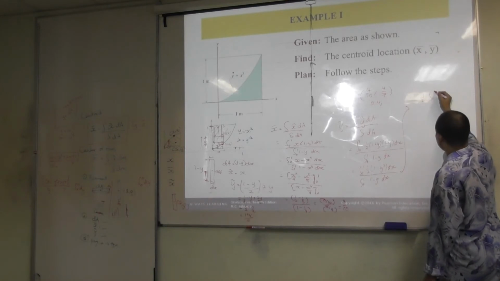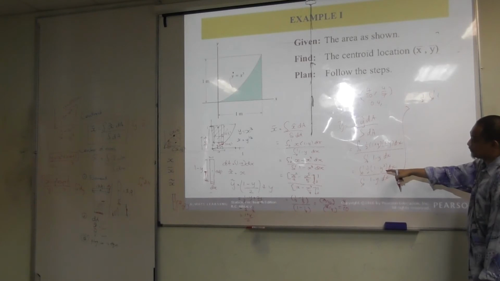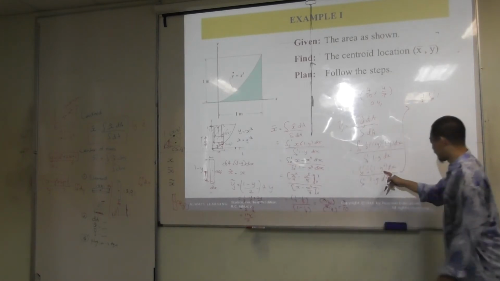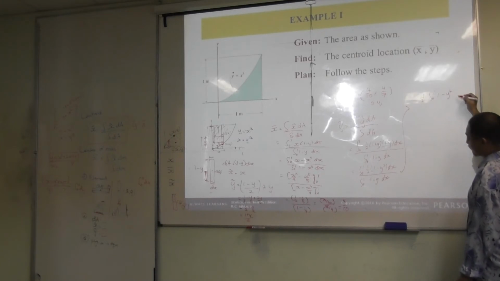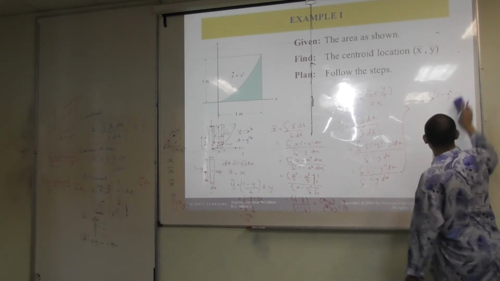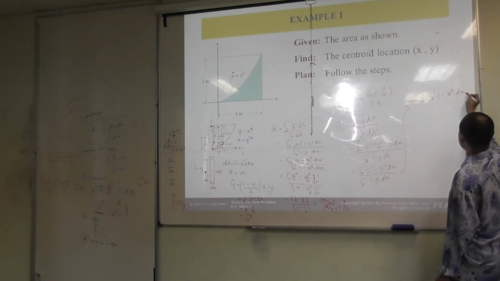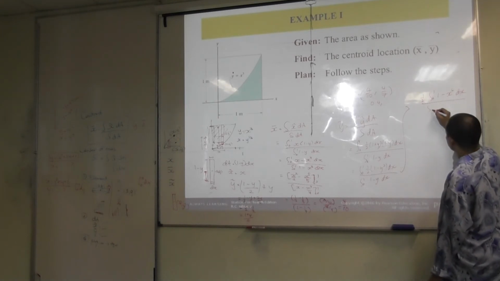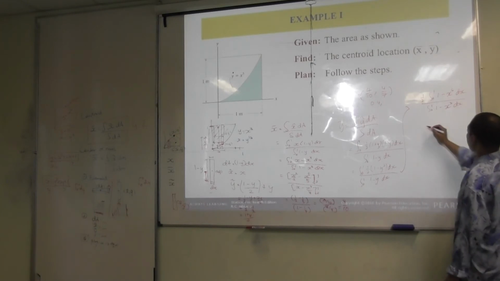So integration 1 minus y squared, it becomes, y equals x cubed, y squared becomes x power 6. Integration of 1 minus x power 6 dx.